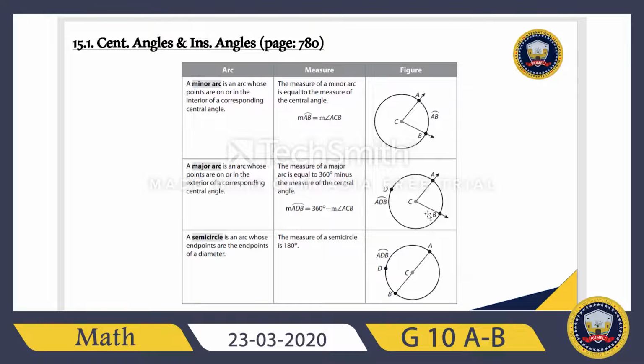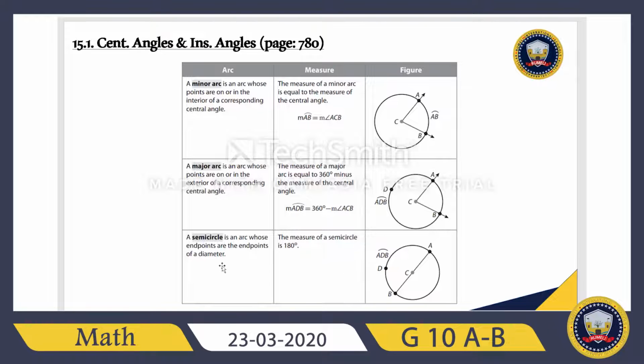We know that the total angle in the circle is 360, minus the measure of the arc AB gives me the measure of the arc ADB. So measure of ADB equals 360 minus the measure of the angle ACB, or the measure of the arc AB.